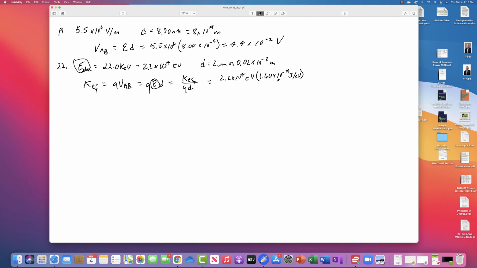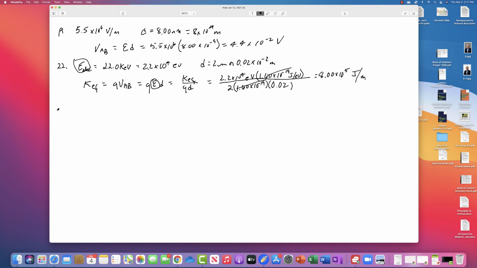That conversion's in the chapter, and you divide that by 2 times 1.60 times 10 to the minus 19 times 0.02. And you get 8.00 times 10 to the 5 joules. Which makes sense if you take this and cancel this, and then you're dividing this number by 0.04. So that makes sense that you would get that.